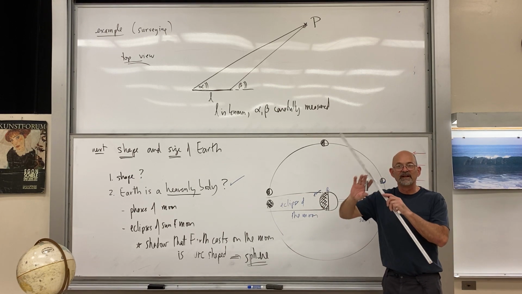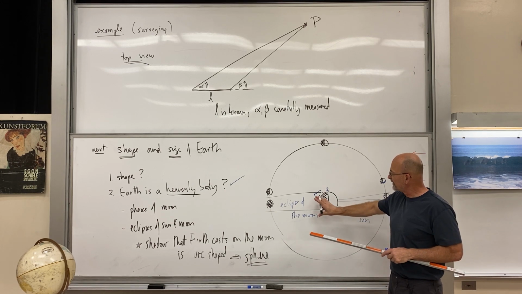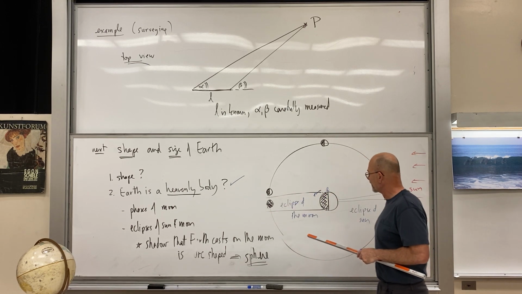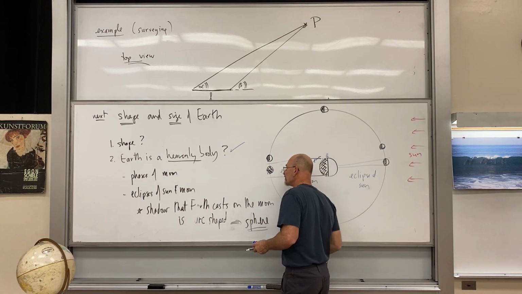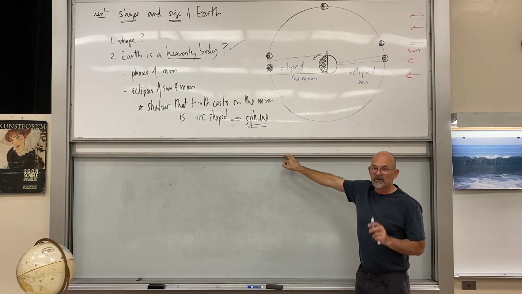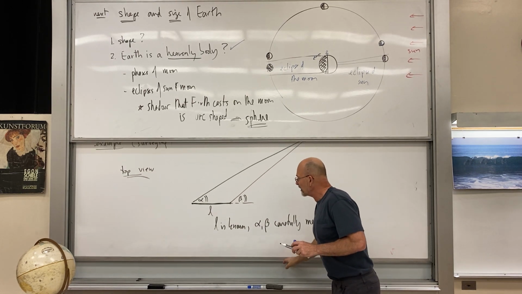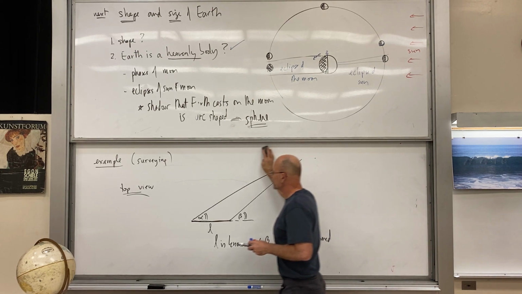It doesn't get totally darkened, it gets much dimmer. Then that's an eclipse of the moon. So make sure you have both of those facts down. And now we'll talk about the size of the Earth. Once we know it's a sphere, there's a very interesting measurement.